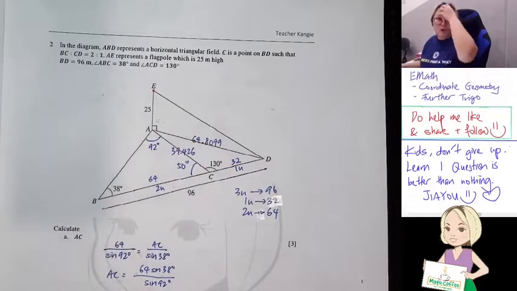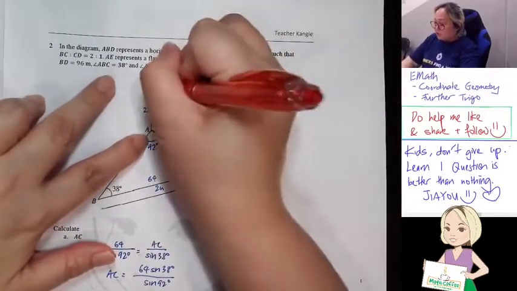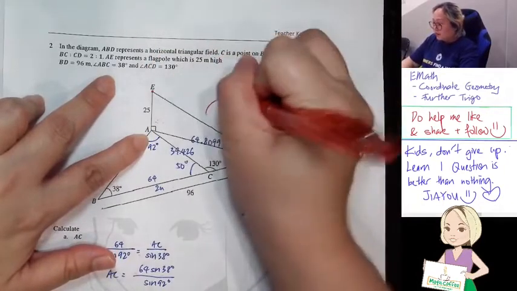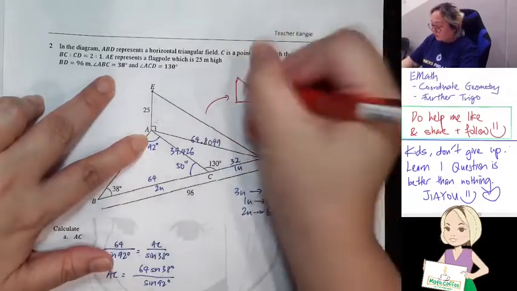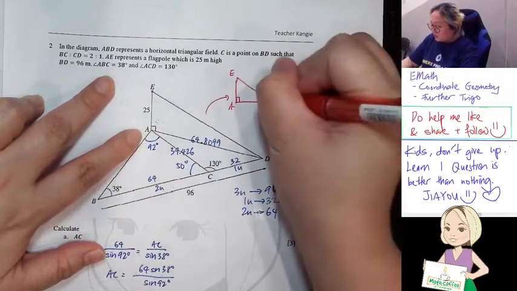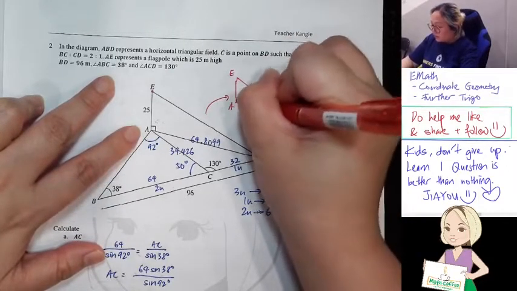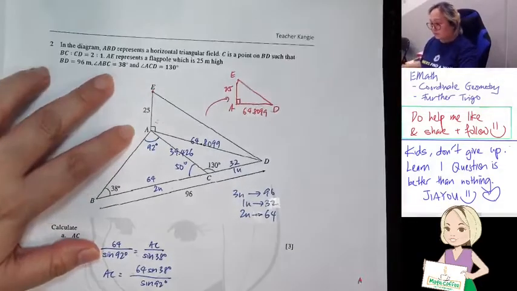If I'm going to draw out the triangle flat in 2D, it's actually E, A, and D. This is 64.8099. This is 25.